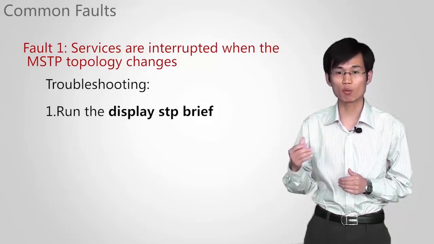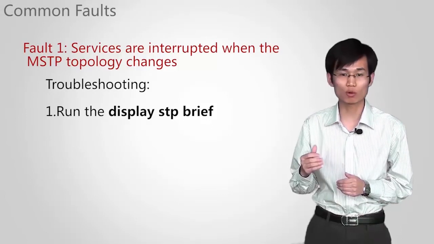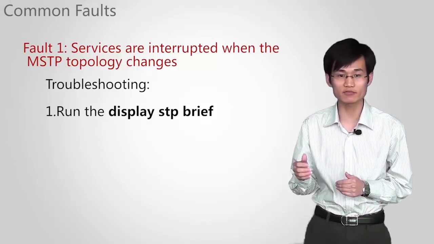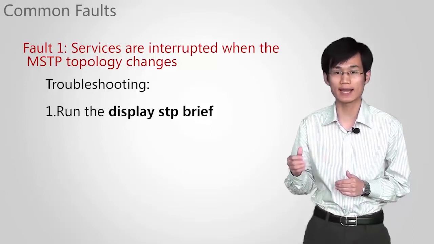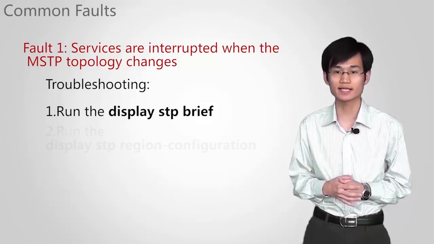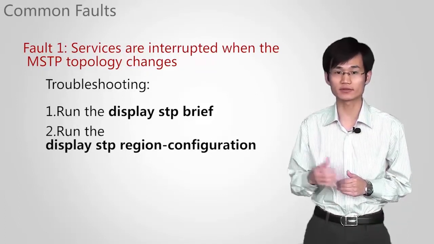First, check whether MSTP is working properly on the switch. Run the display stp brief command to check the connectivity of ports on the MSTIs. Second, check whether MSTP is correctly configured.